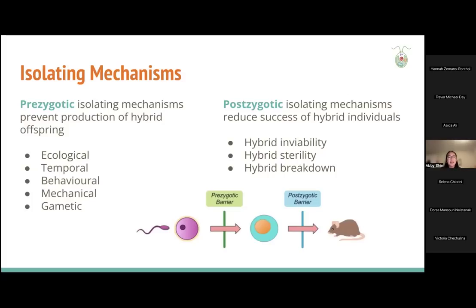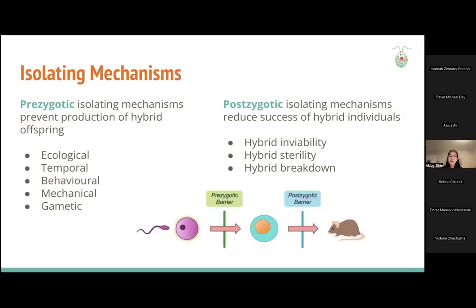Temporal, meaning that they reproduce at different times of the year. Behavioral, meaning that they have very different reproductive behaviors, so they would not recognize each other. Mechanical, meaning that these two organisms cannot physically interact to reproduce. Or gametic, meaning that the egg and the sperm are completely incompatible and will never fuse together.